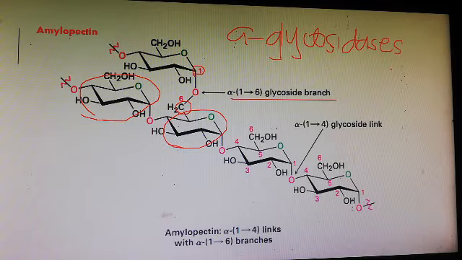Thus, that is why we cannot digest grass and leaves, because they have beta glycoside bonds. We can digest potatoes and rice, our grains. Why? Because they have alpha glycoside bonds. Okay? Our alpha glycosidases only hydrolyze or digest alpha glycoside bonds.